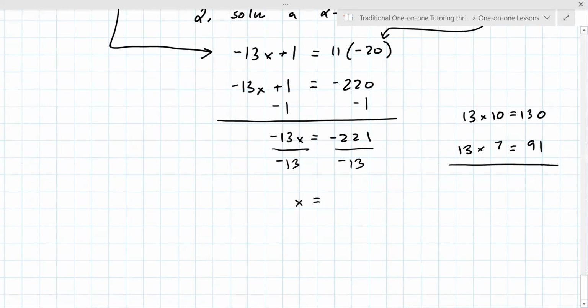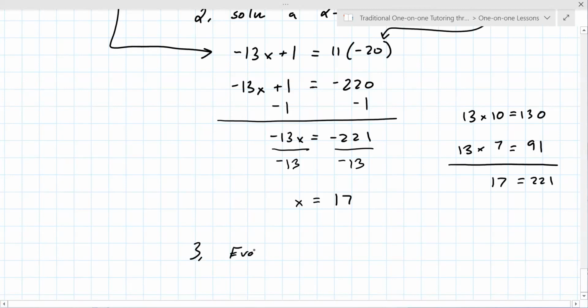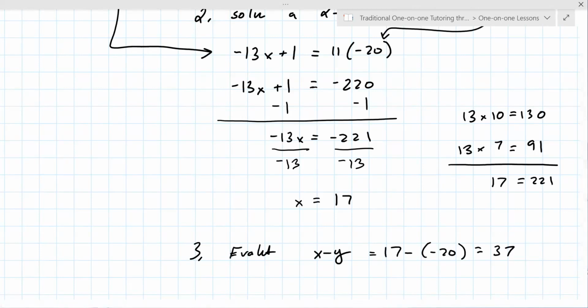And that tells you the answer is 17. Nice. Okay, but that's not the final part. The third part is to actually evaluate x minus y, which is 17 minus a minus 20. Minus -20. Yes, so it ends up, you add them together to get 37. Good.